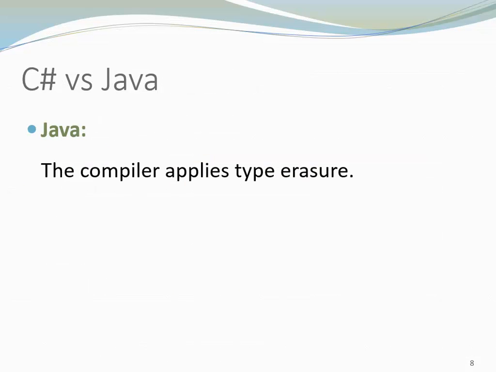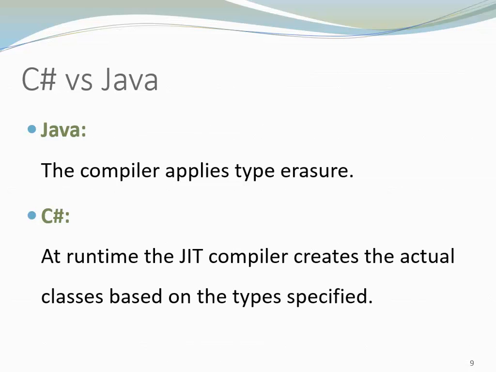Before we look at the namespace System.Collections.Generic, let's take a moment to compare generics in C# with Java. In Java, the compiler applies type erasure. This means the type parameters are substituted with their specified bounds or with class Object, and casts are inserted whenever needed. C# implemented generics in a different way.